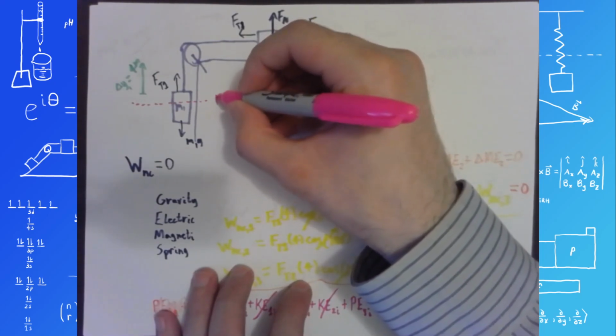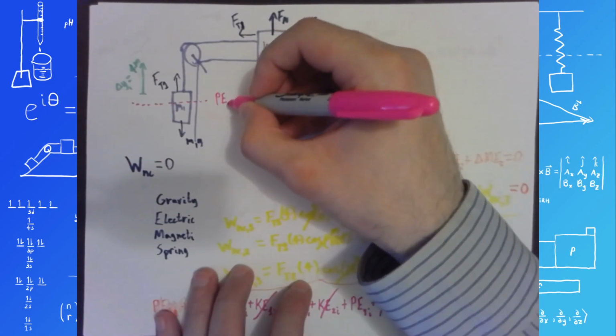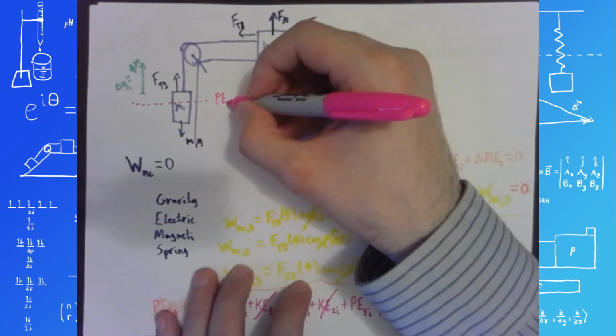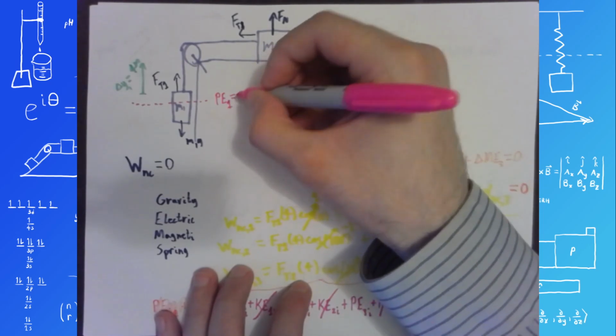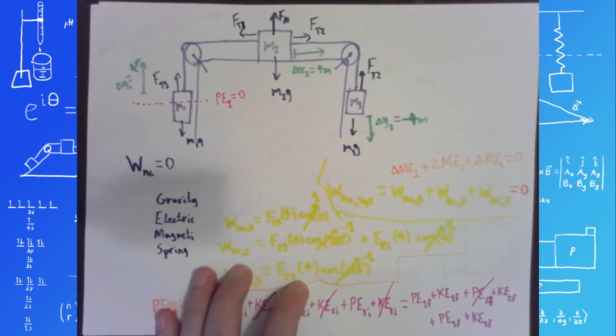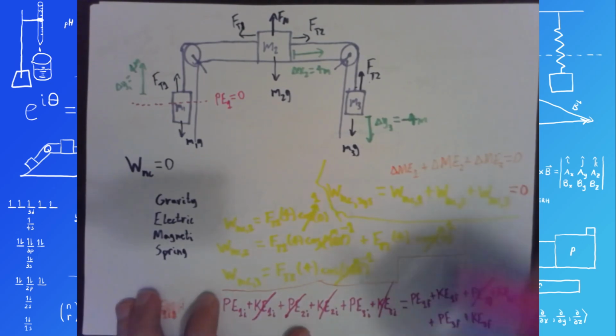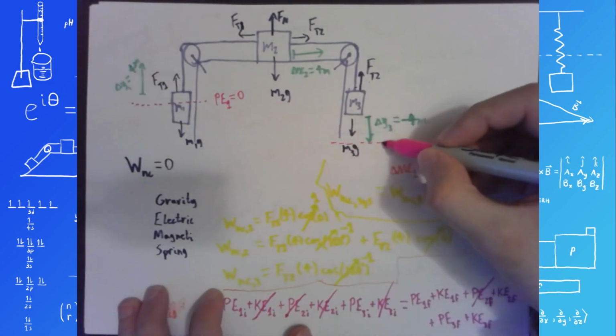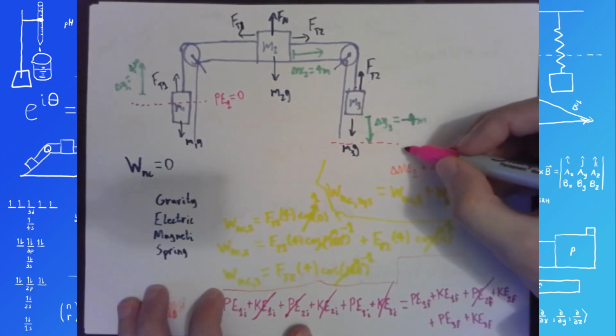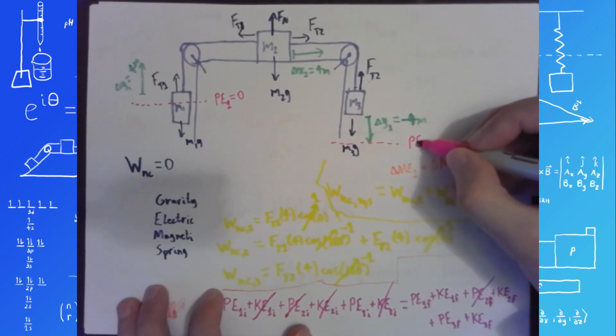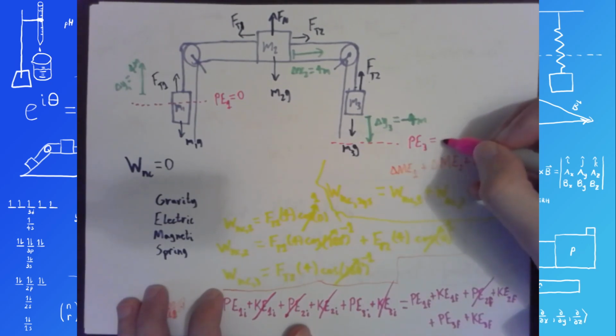That's where my potential energy of object 1 is 0. And for object 3, I'm going to say down here is where the potential energy is 0 for object 3. So that's where potential energy 3 is 0.